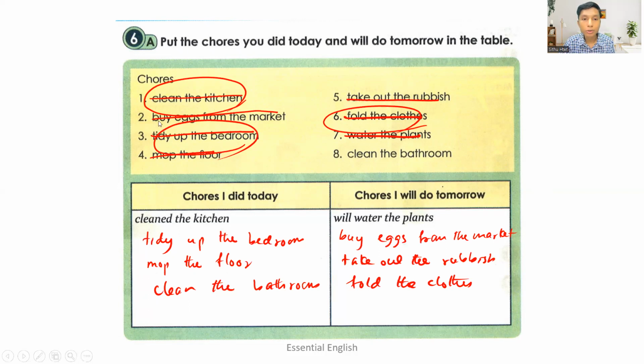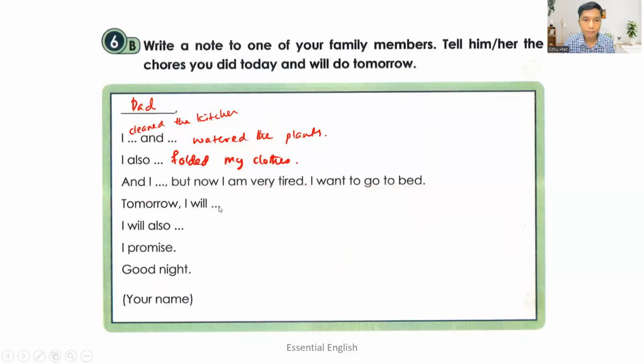Okay. And you can also use buy eggs from the market, mop the floor, take out the rubbish, water the plants, clean the bathroom. Okay, so if you don't know what to write, you can use the chores in exercise 6A.